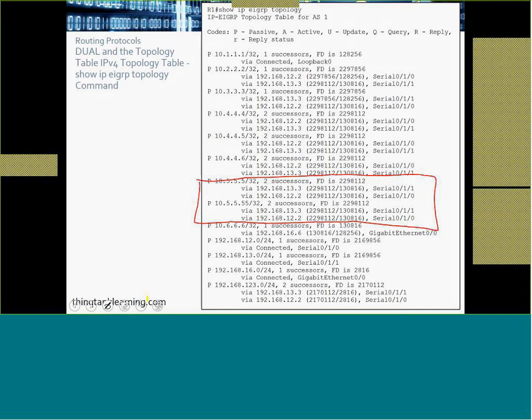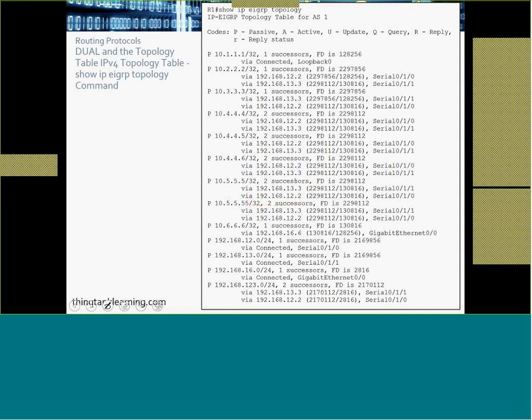Sure enough, we see that the feasible distance is 2298112, which is the metric. That makes sense. We have two successors. What does that tell me? Equal cost load balancing. I've got two paths that are being used.